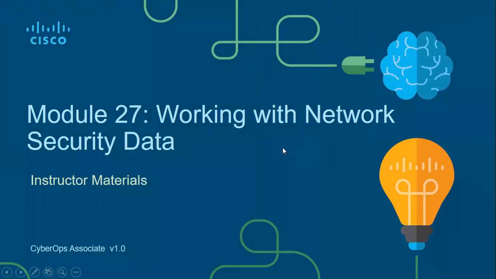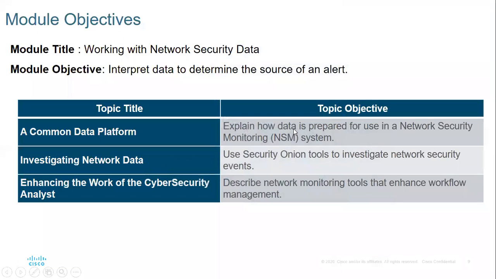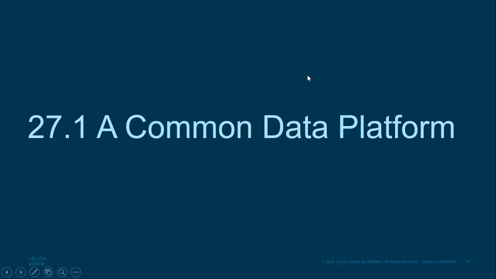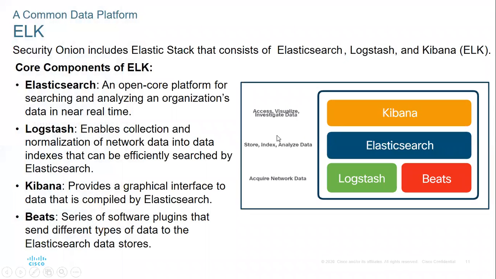working with network security data, module 27. The module objective will be to interpret data to determine the source of an alert. So section 1 deals with a common data platform.